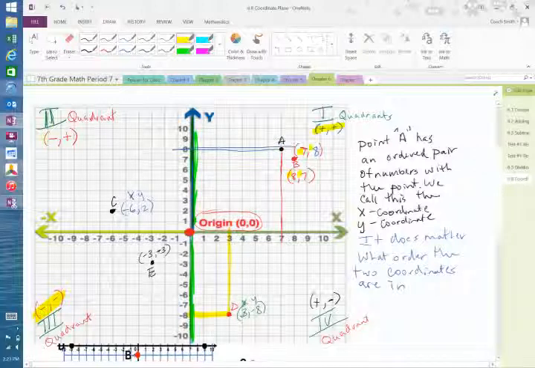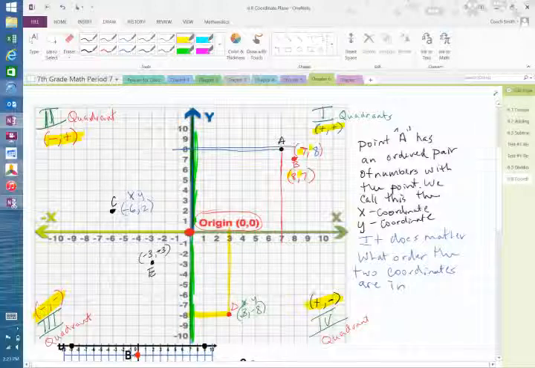And so do quadrant 2 and quadrant 4. They have the opposite coordinates. In quadrant 2, X is negative. In quadrant 4, X is positive.